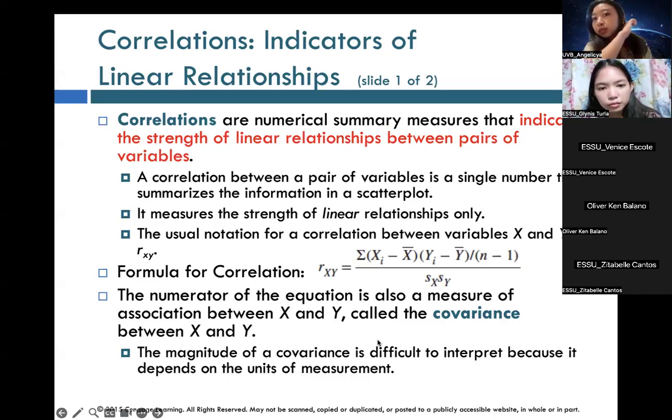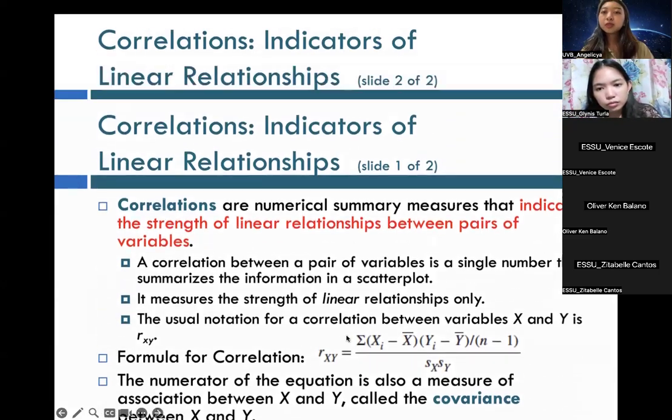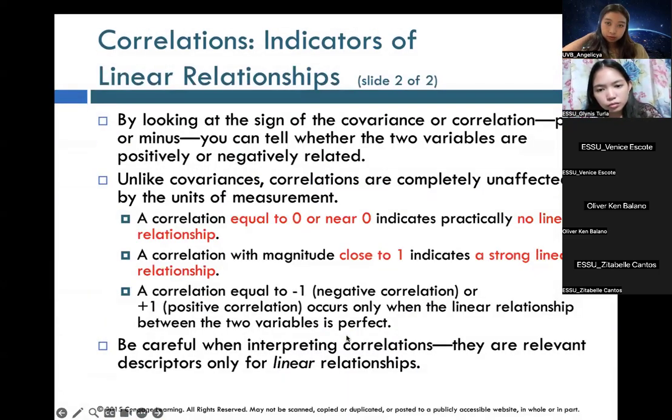In most statistical analysis, we call y the dependent variable, and x the independent variable. The value of the correlation should be between 0 and 1.